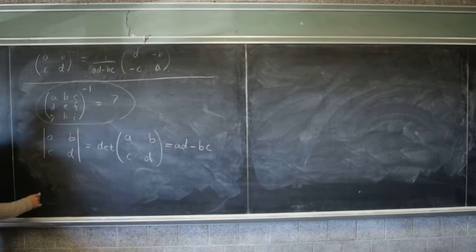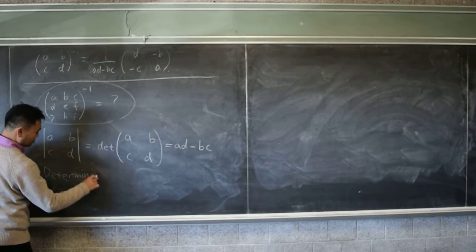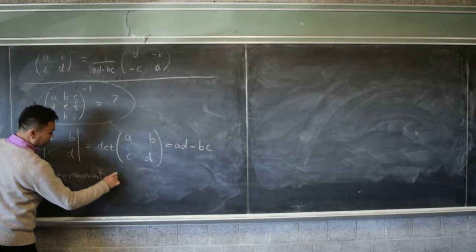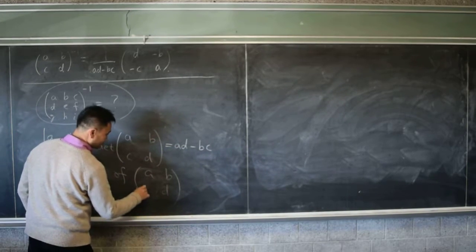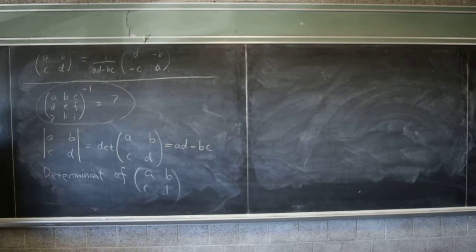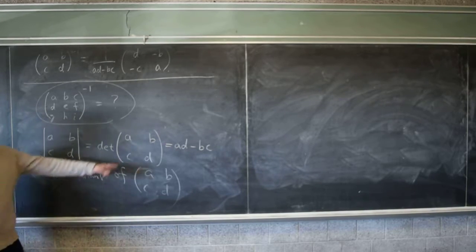And this is called a determinant. So a matrix has a determinant, which is AD minus BC.